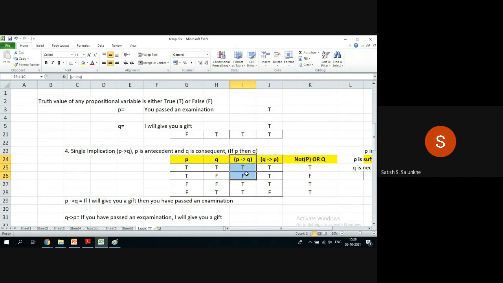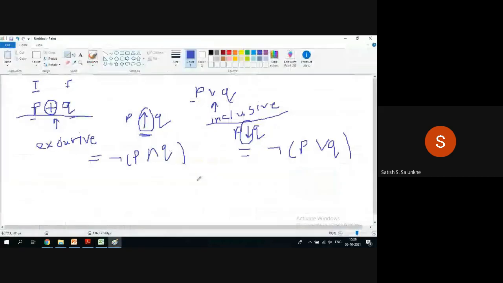I'm talking about P implies Q. You can see with respect to the truth table, for all possible combinations of the propositional variables, you are getting the same truth values. So therefore, P implies Q is equivalent to not of P or Q.